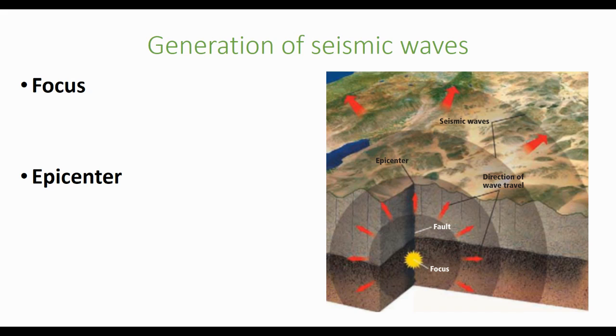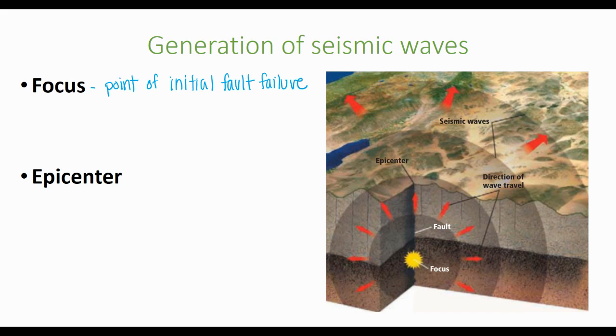So where and how do these seismic waves generate? They generate at the focus. So the focus is going to be the place where the rock initially failed. So this is the point of initial fault failure.